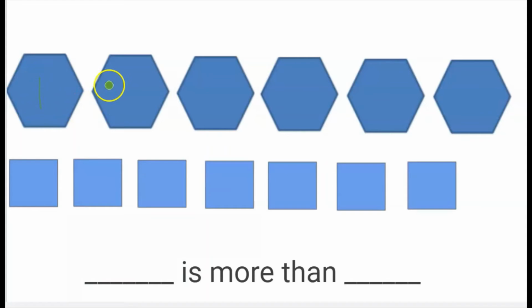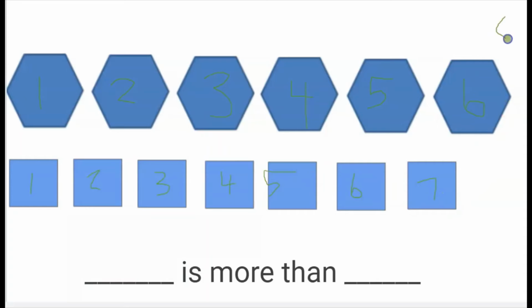We have 1, 2, 3, 4, 5, 6. So we have 6 hexagons. Now let's count the squares. 1, 2, 3, 4, 5, 6, 7.